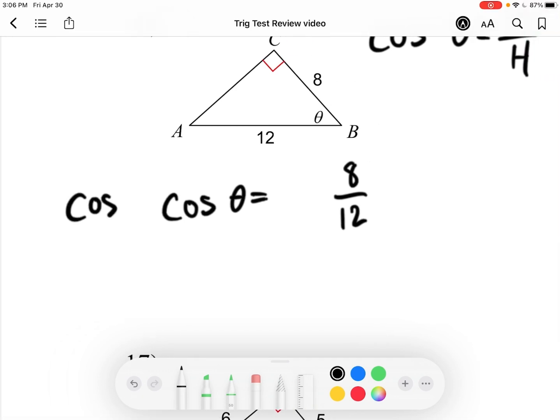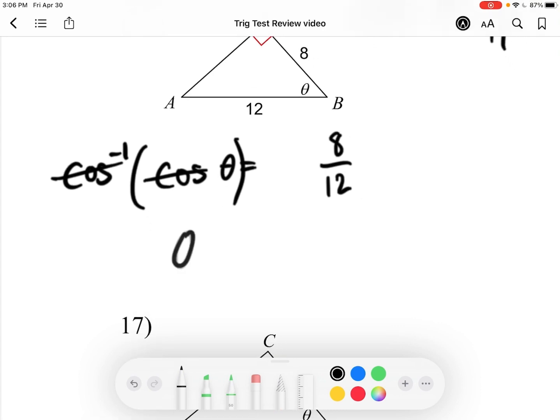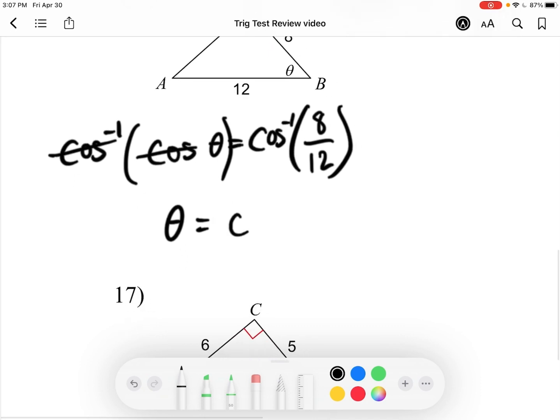The inverse of cosine and cosine cancel each other out, and we're left with theta on the left side. So theta is equal to the inverse of cosine of 8 over 12.